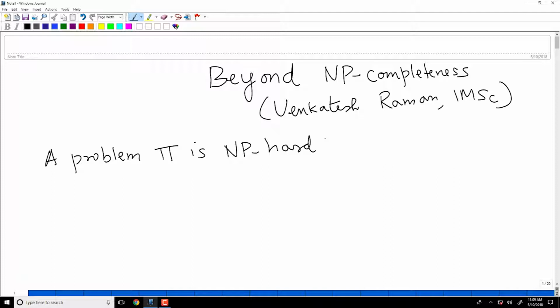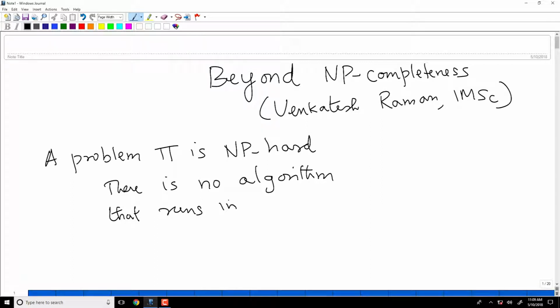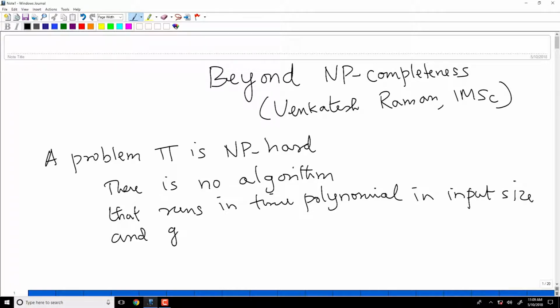A problem is NP hard means that there is no algorithm that runs in time polynomial in the input size and gives the exact optimum solution for all input instances.